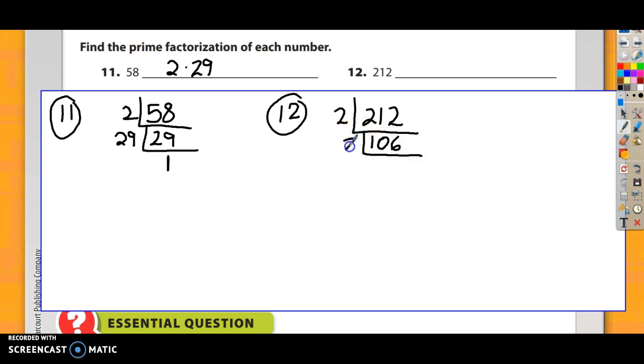And this is mental math still. 2 goes into 106 53 times. And 53 is a prime number. Nothing goes into 53 other than 1 and itself, so 53 goes here. And so my prime numbers are 2, 2, and 53. And how we write that is 2 squared times 53. Alright, moving on.